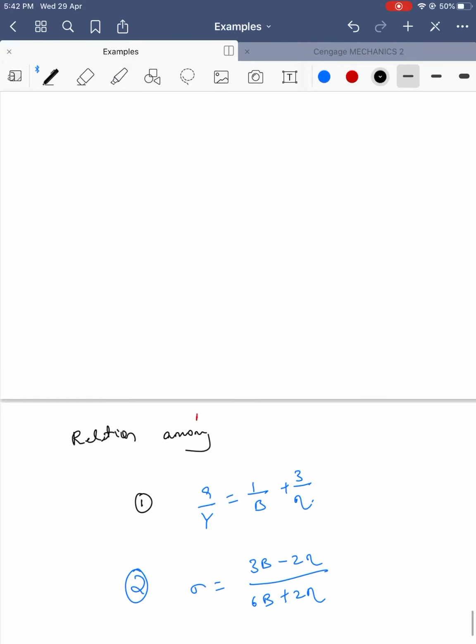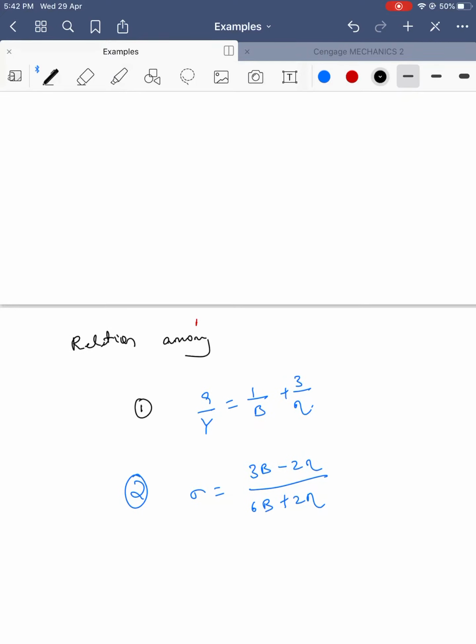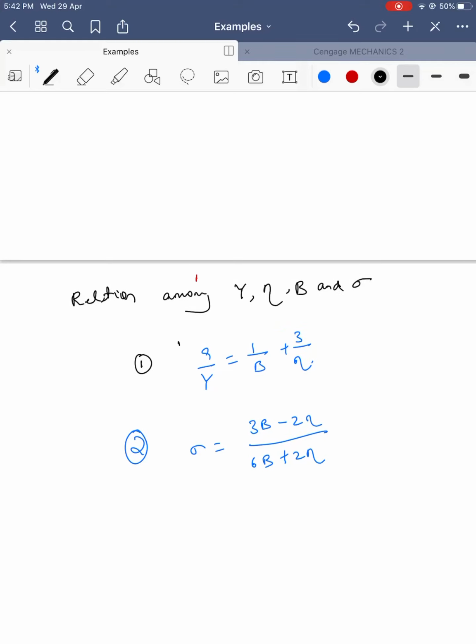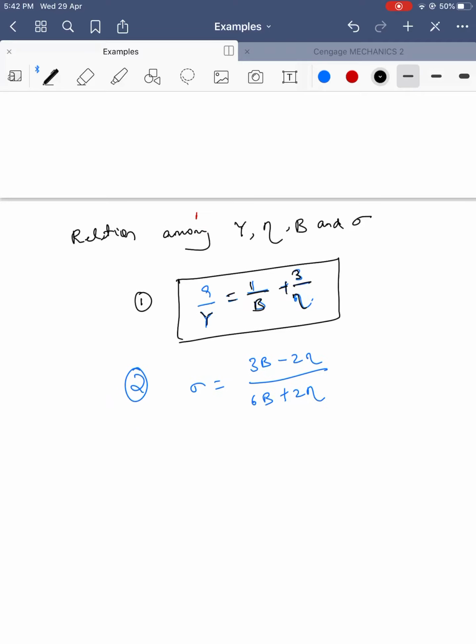Next we are going to see the relation among Young's modulus, modulus of rigidity, bulk modulus, and Poisson's ratio sigma. These two are very important relations. 9 over Young's modulus Y is equal to 1 by bulk modulus B plus 3 by modulus of rigidity eta.